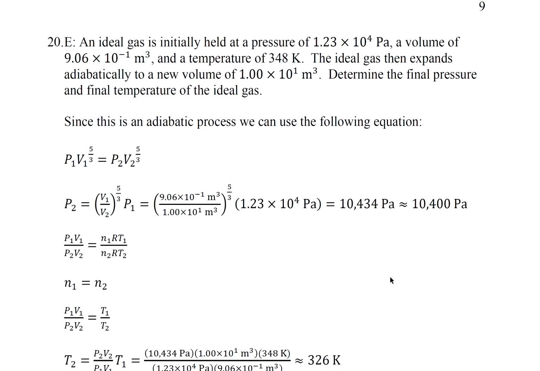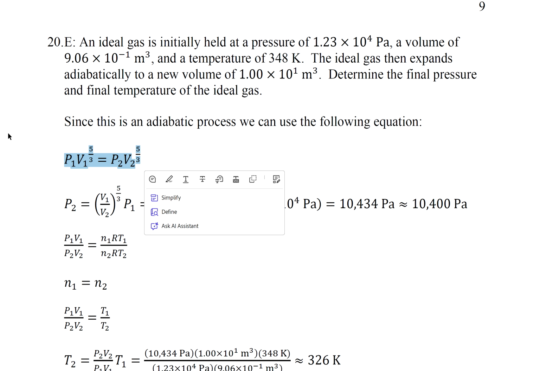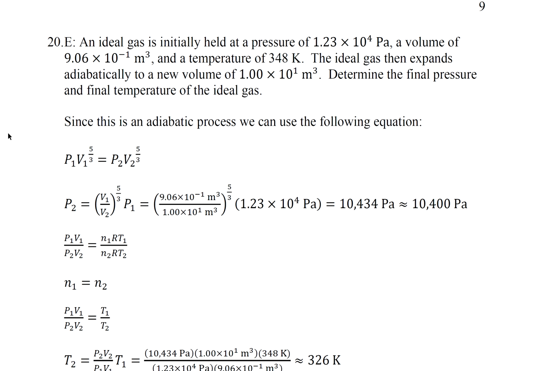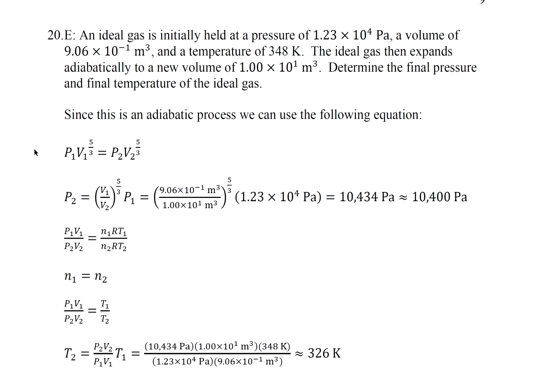Since this is an adiabatic process, we can use the following equation here. We were given V1, V2, and P1, so we could solve for P2. So we have the final pressure.